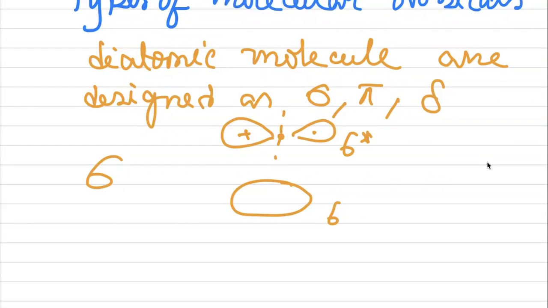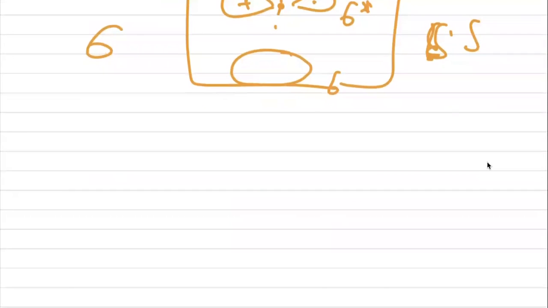Now this is the structure for s orbital, right? If p-p overlap takes place, then how does the molecular orbital look? Suppose this is px, this is py.